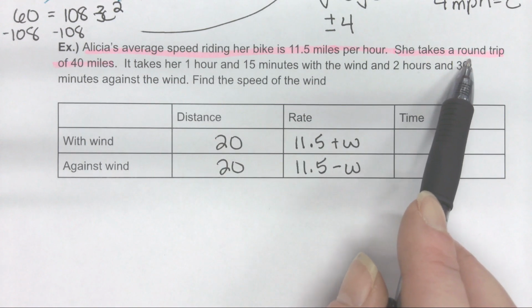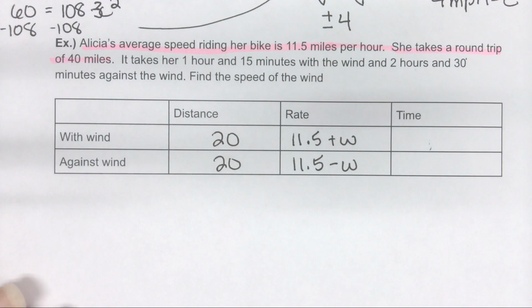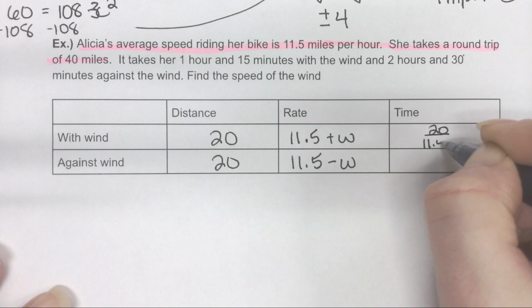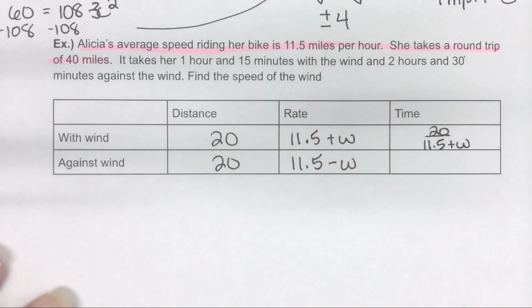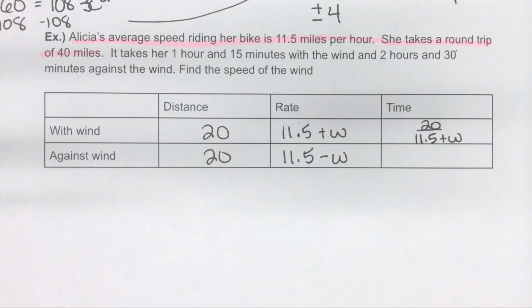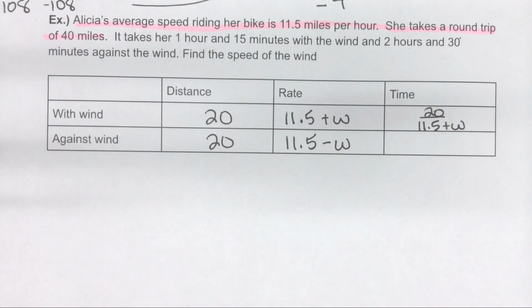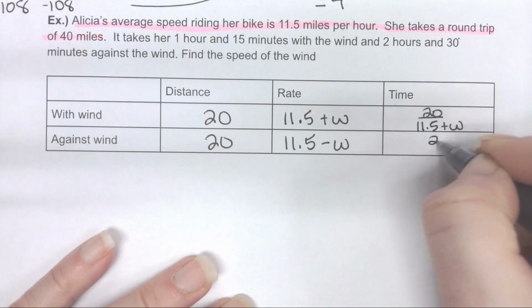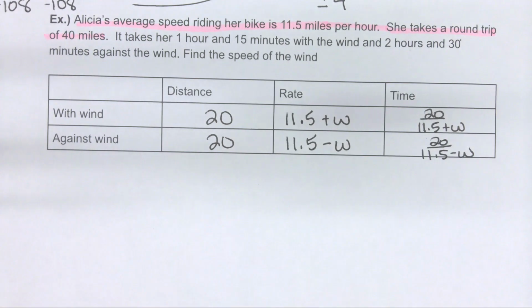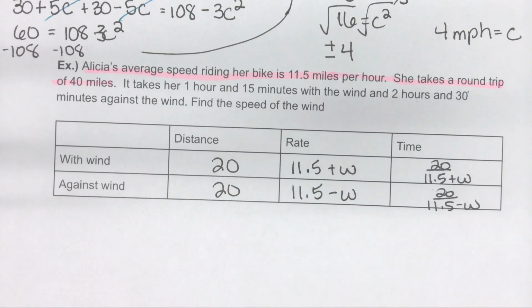Jacob, can you give me the rate or the time for this one? 20 over 11.5. Perfect. That means this would be 20 over 11.5 minus W, right? Yes. Okay.